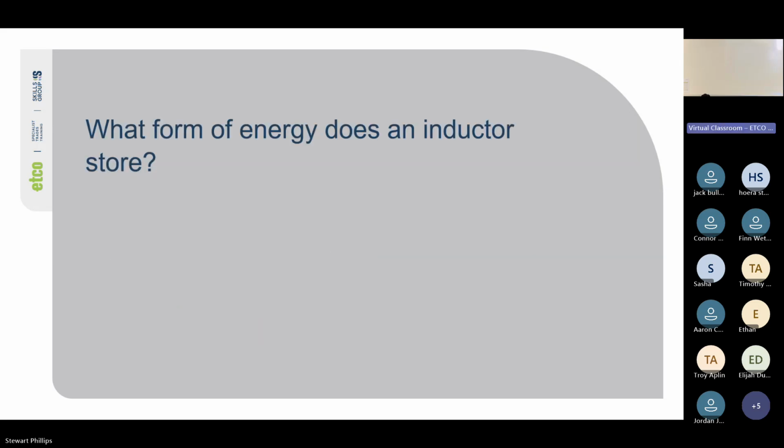Cool. So, what form of energy does an inductor store? Remember, an inductor is a coil of wire wrapped around a former, or essentially a coil of wire.